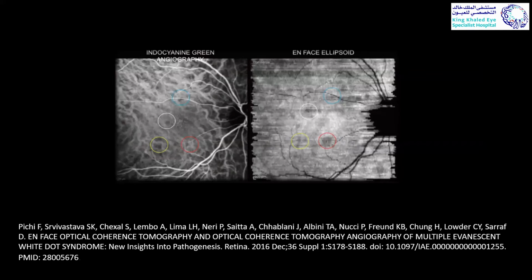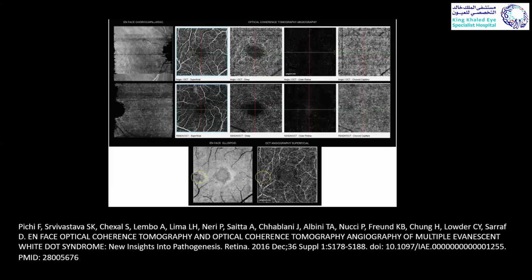And when he examined the choriocapillaris, he could not find, in this picture, any abnormality or flow void at the level of the choriocapillaris.